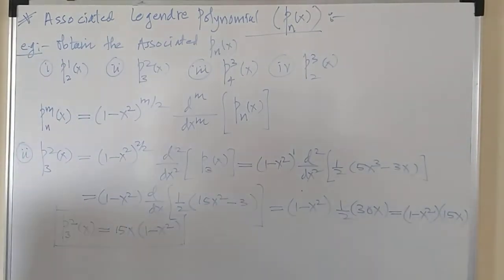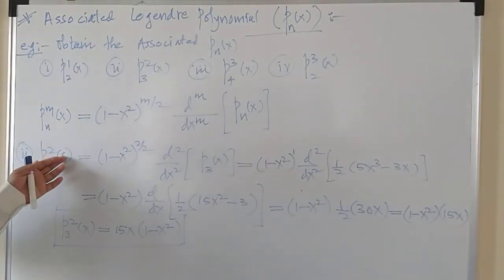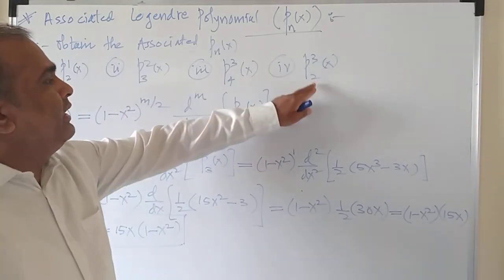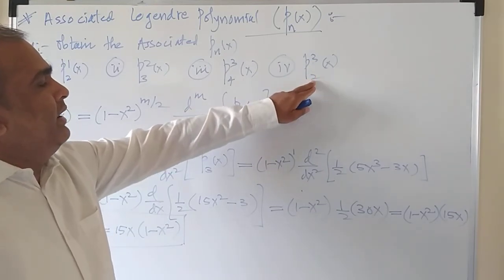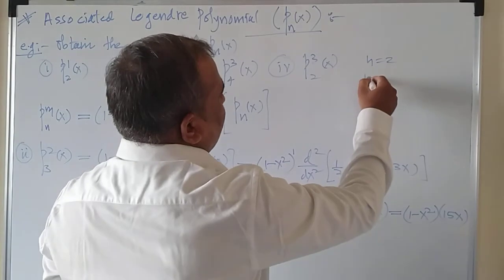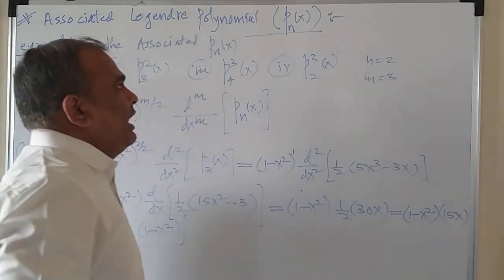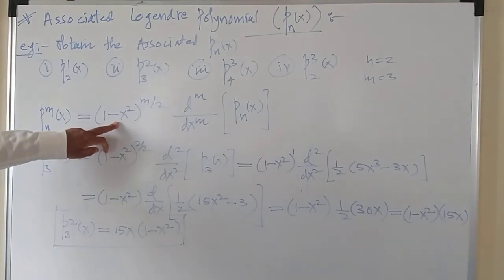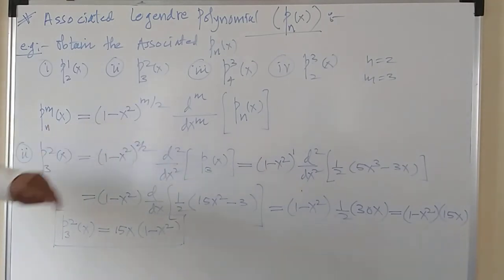Now one more important thing is, in the next case, if you go for the calculation of this one, suppose this is Pn m of x, and this value of n is 2, m is 3, this equation is valid only when m is less than n.